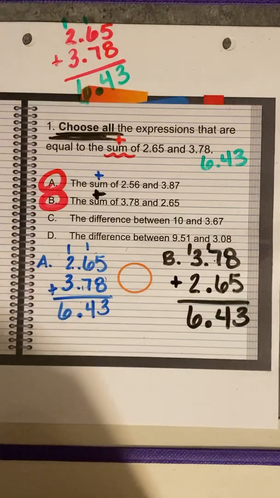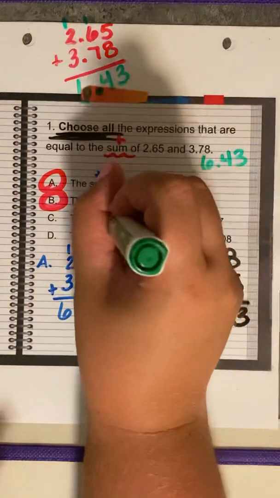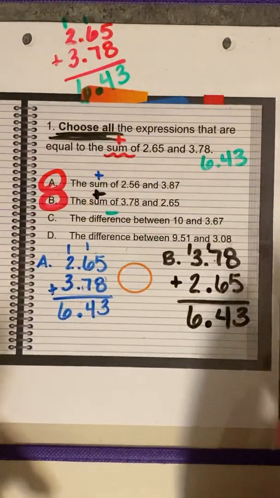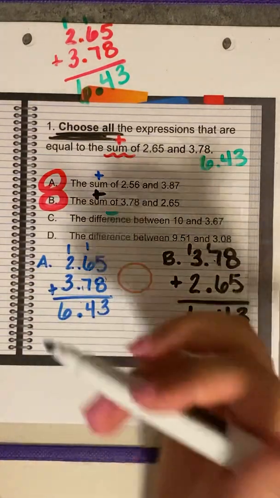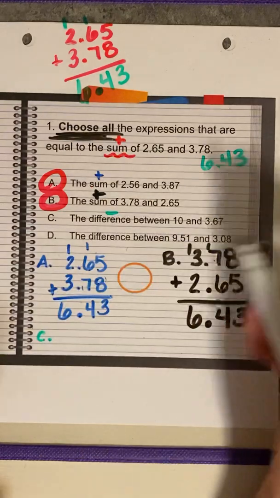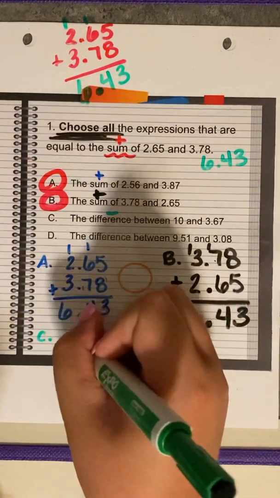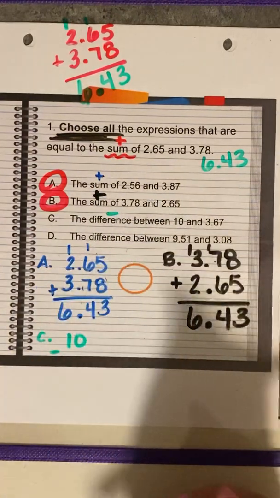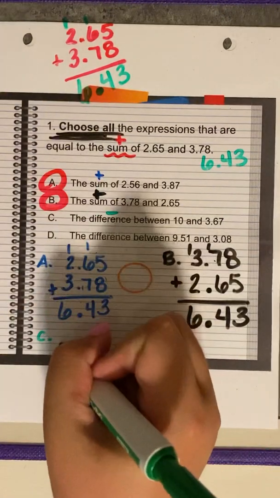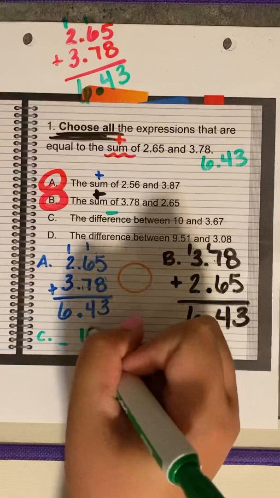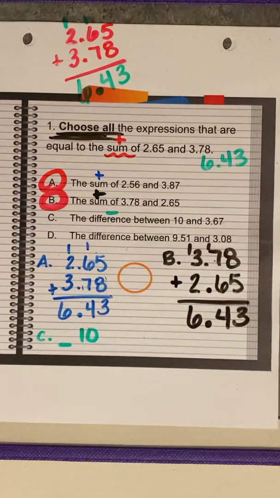So we are going to look at the difference. What does difference mean? That means subtraction between 10 and 3 76/100ths. So letter C is going to be 10 minus, well, okay, let me write it up here. I'm sorry. 10 minus 3.67.